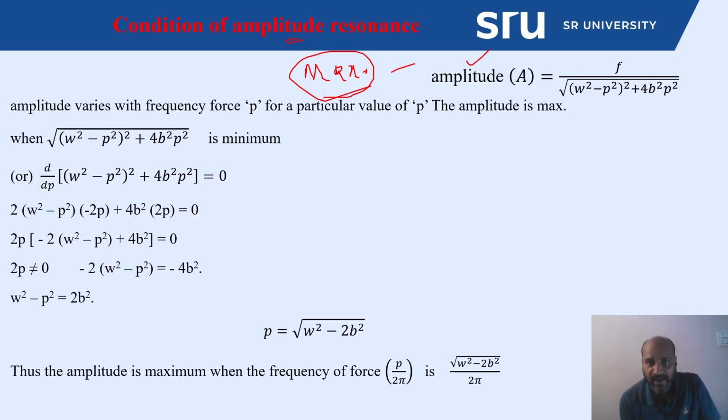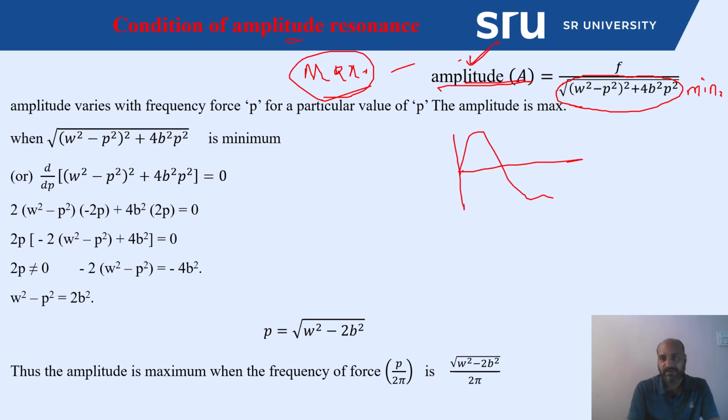So if it has to be maximum, definitely this denominator should be minimum, because they are reciprocal. If the denominator is minimum, then definitely this amplitude will be maximum. And in differentiation, what is the condition for minimum? Its first order derivative must be 0. This is the mathematical condition.